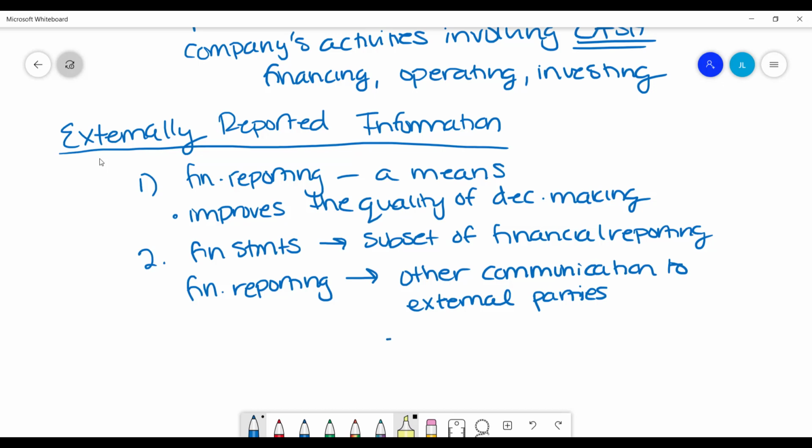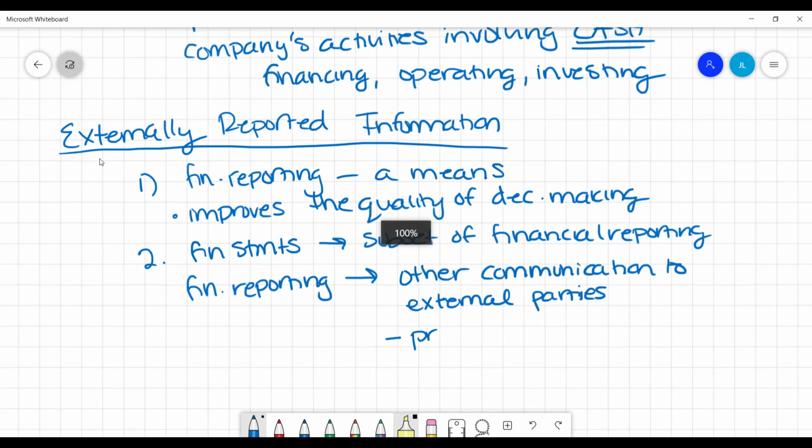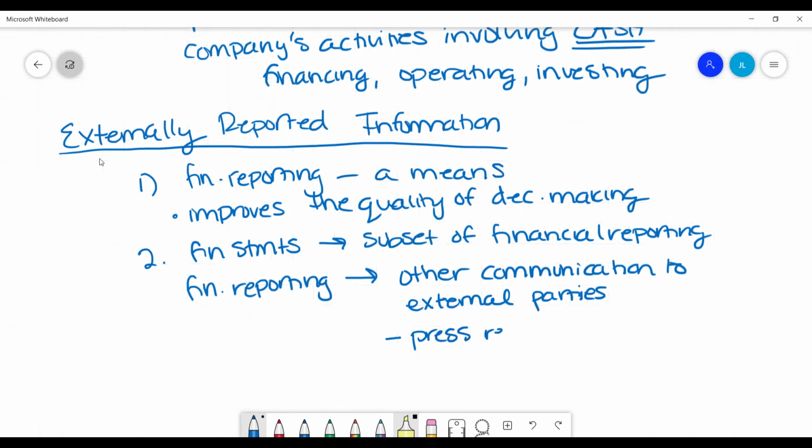So examples of this other communication would be press releases, disclosures, which we'll learn a little bit about later on, and just other open communications with the public.